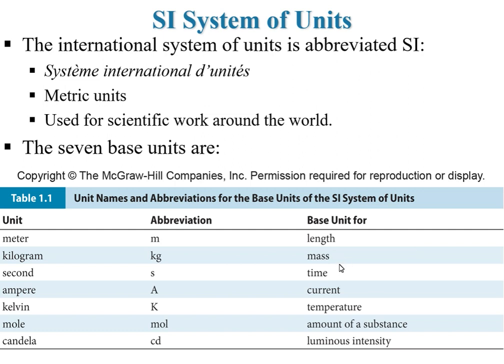For mass, we use the kilogram. This is the MKS unit, but you may also see CGS units, such as centimeter. For time, of course, seconds. For current, there is ampere. For temperature, the unit is Kelvin. For the amount of substance, that is the mole, with the abbreviation mol. For luminous intensity, candela, with the abbreviation cd.